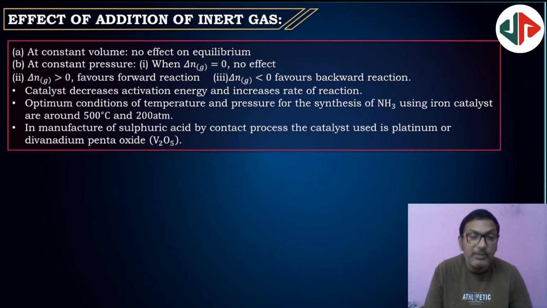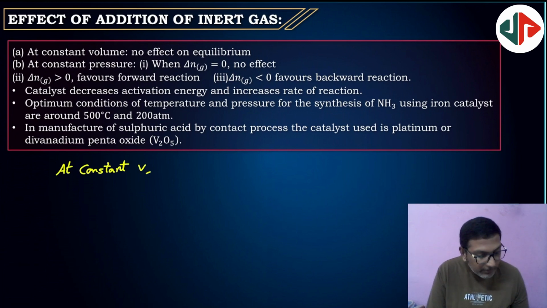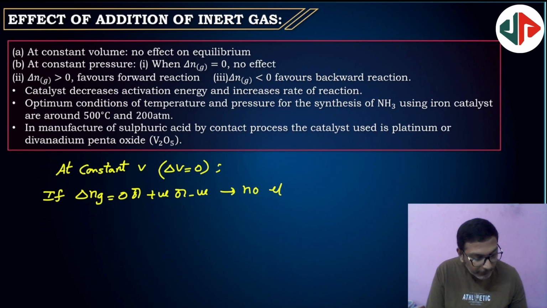Next, effect of addition of inert gas. So this can be explained simply like this. At constant volume, that is delta V equal to 0, if delta Ng equal to 0 or positive or negative, no effect. No effect on equilibrium.